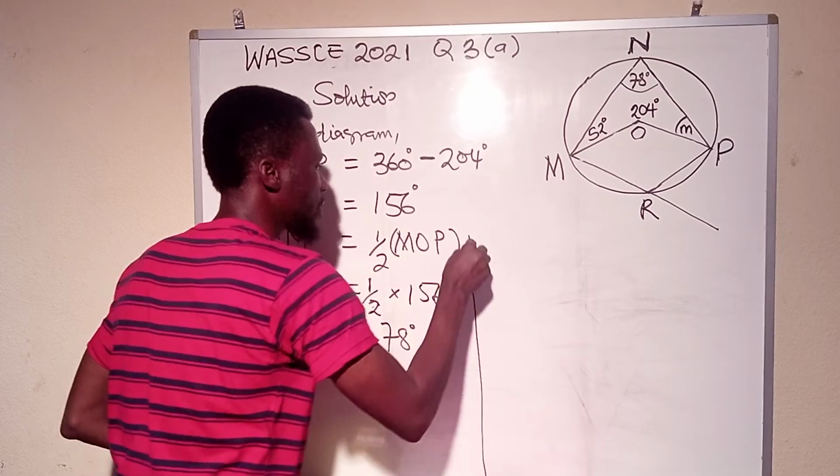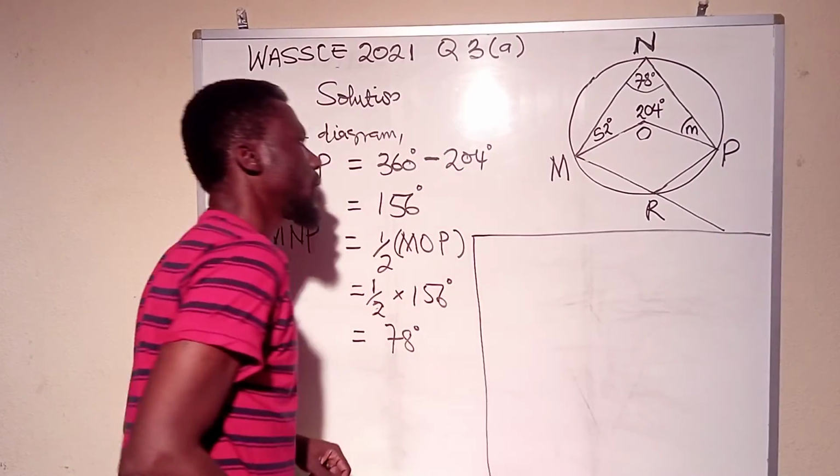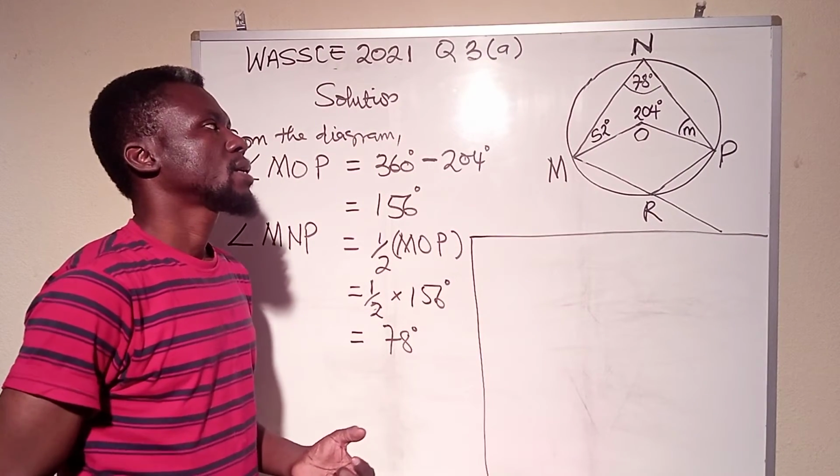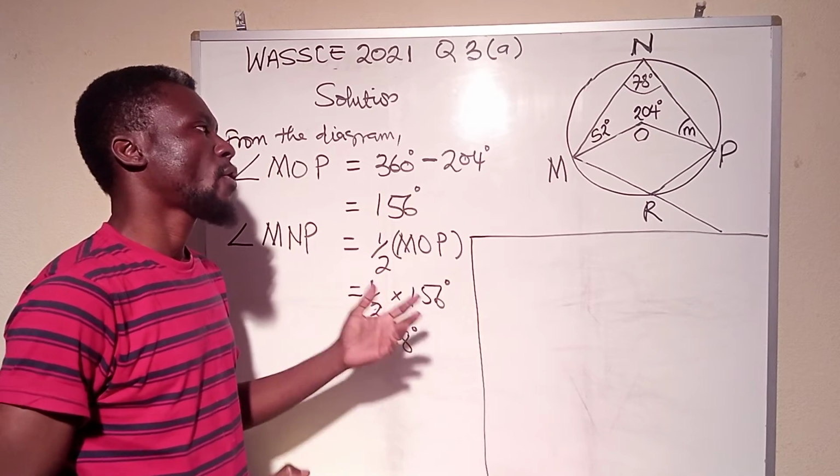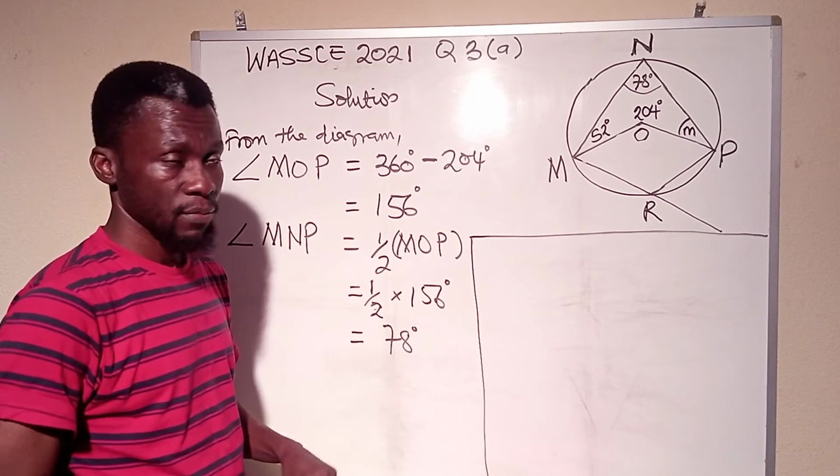Remember, we have said that the 4 angles of a quadrilateral sum up to 360 degrees.